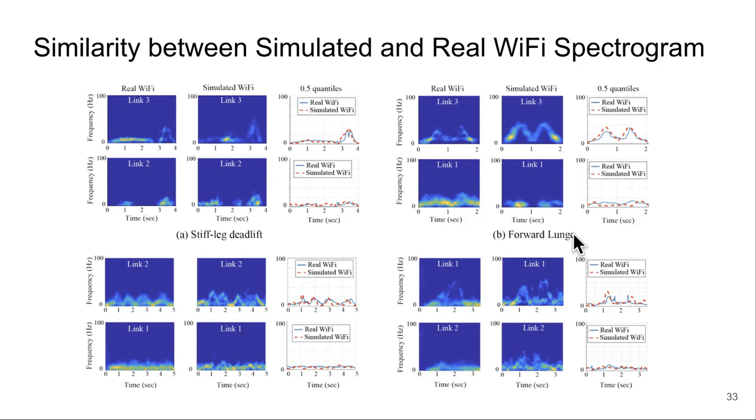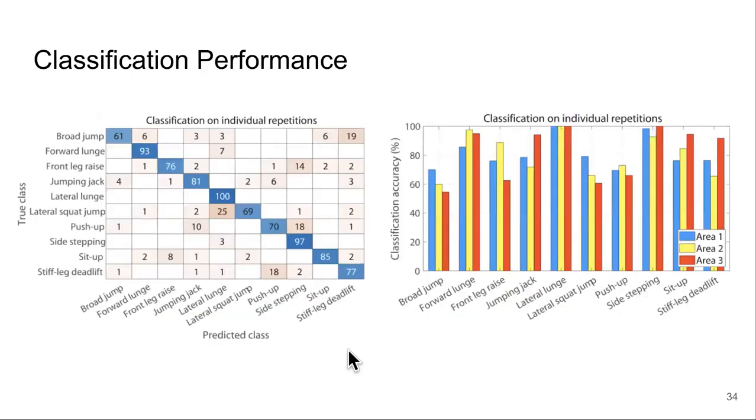And the authors wanted to emphasize the advantage of the simulated RF data. And here is the summary of activity classification results, indicating the confusion matrix of 10 gym activities based on individual repetitions of the activities, as well as the classification accuracy. Overall, it achieves an average classification accuracy of 81%.